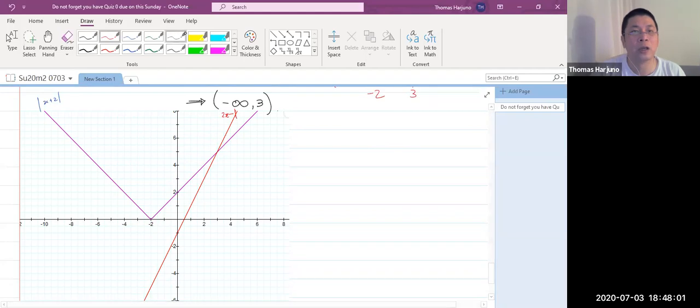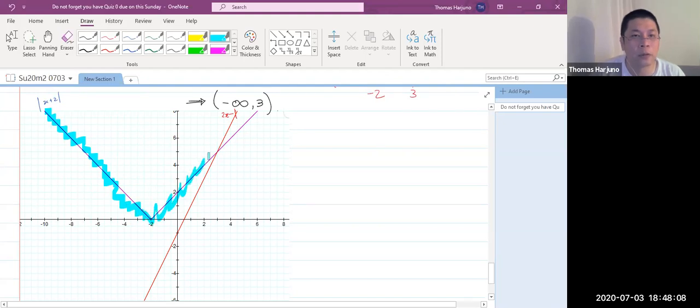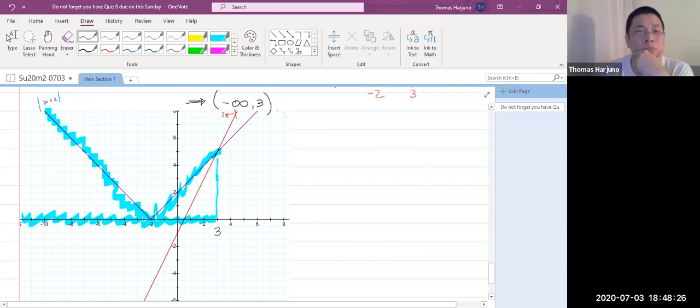Now you see that the blue graph is above the red graph in this interval, up to 3, all the time. For any x up to 3, the purple graph, the absolute value graph, is above the red graph. Go this way, then you can see it better.